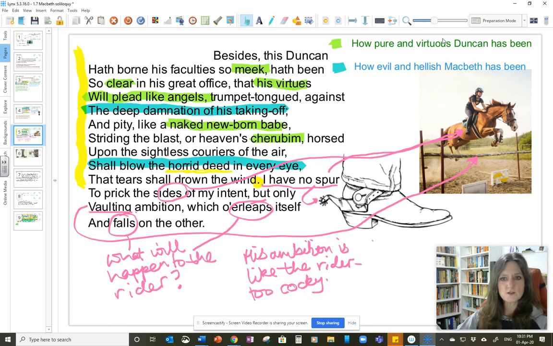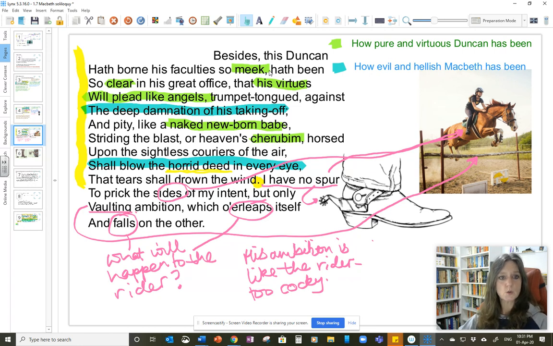Let's have a look at this contrast, though. So you can see in the green, I've highlighted where Macbeth says how pure and virtuous Duncan has been. So have a look at those words. He hath borne his faculties so meek. So when Duncan goes about, he's not a boastful, arrogant, showing off kind of man. He's a meek man.